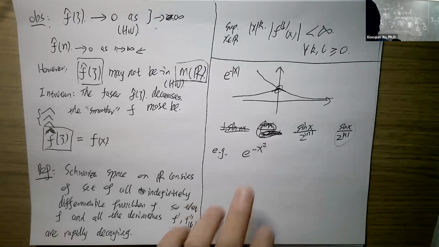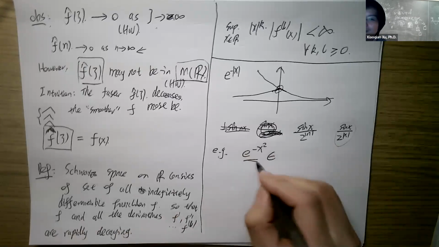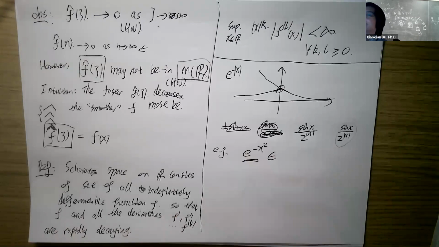And we know that this kind of function decays faster than any polynomial, right? So even though you multiply by some additional polynomial after you take the derivative, you still get something that decays very fast, much faster than any polynomial, right?